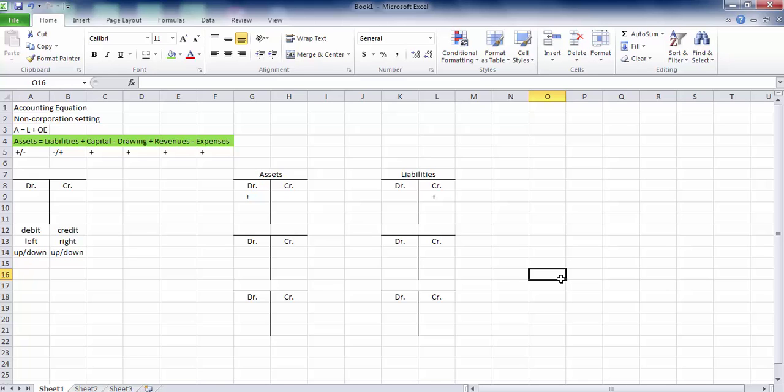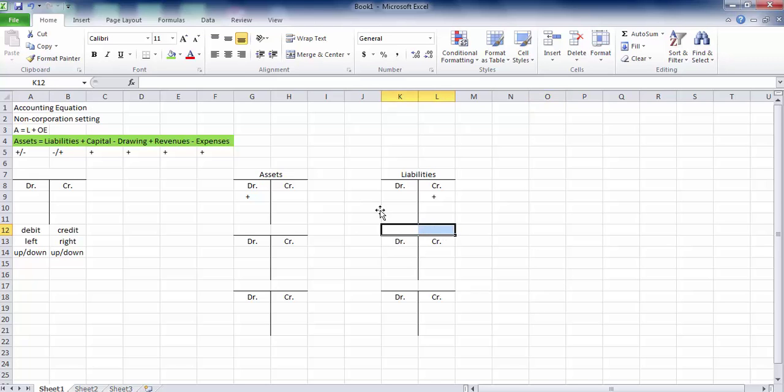So far we've discovered that assets go up by a debit, but liabilities go up by a credit. And all I did was just use that equation that we already know from Chapter 1. And all I said was, do you agree that liabilities are on the opposite side of assets? You said yes, so we're going to treat liabilities the opposite of the way we treat assets. That's it. Okay? Next one.